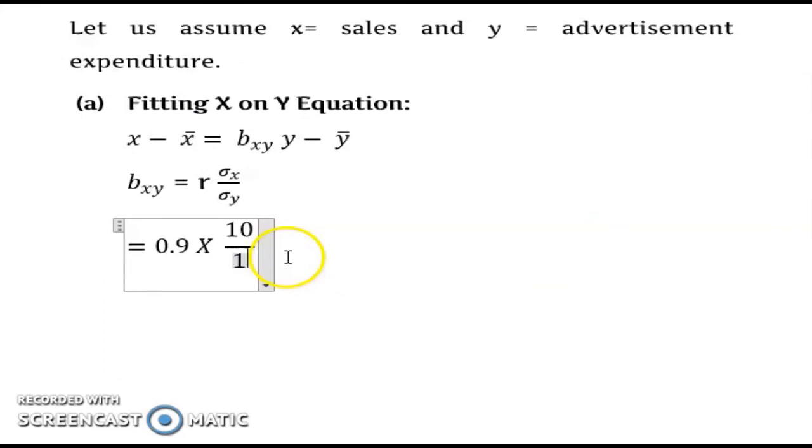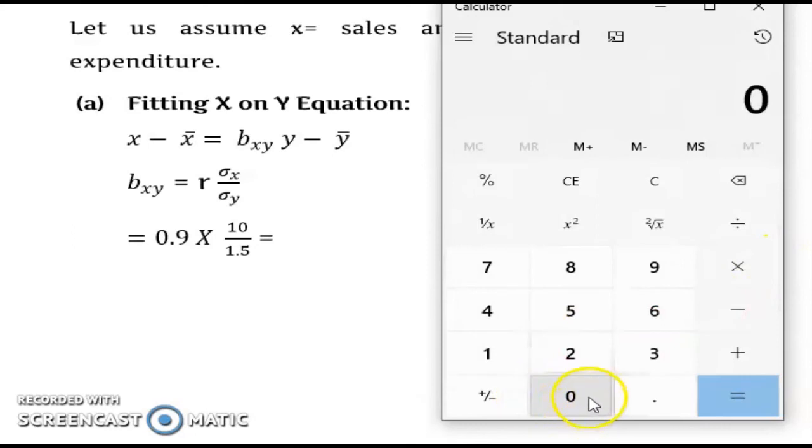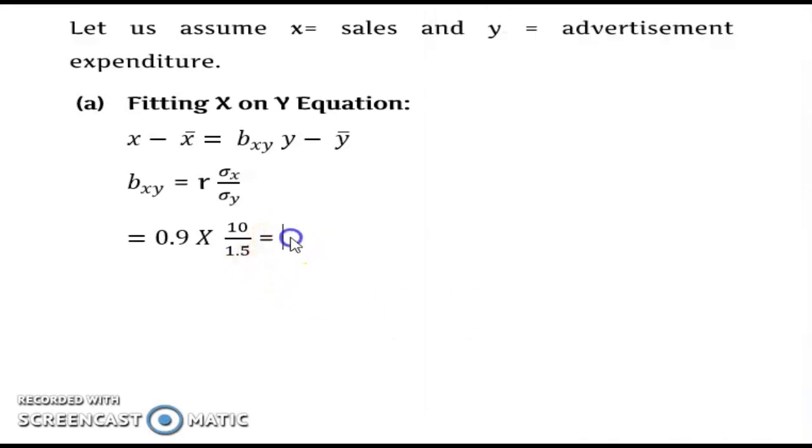So b of xy is 0.9 into 10 divided by 1.5, which is equal to 6. So the value of b of xy is 6.